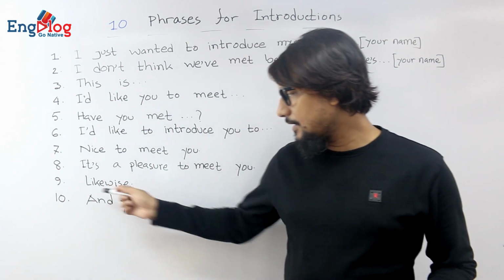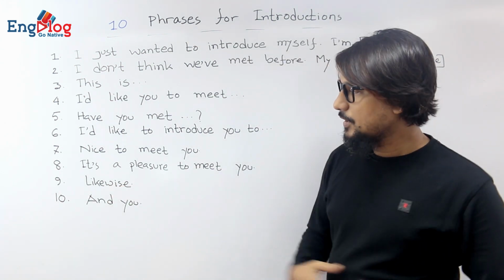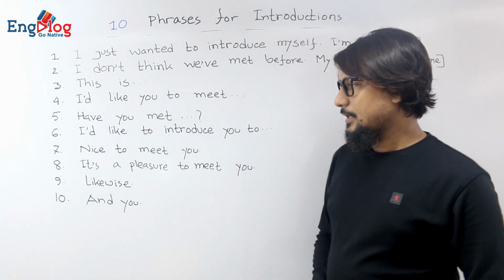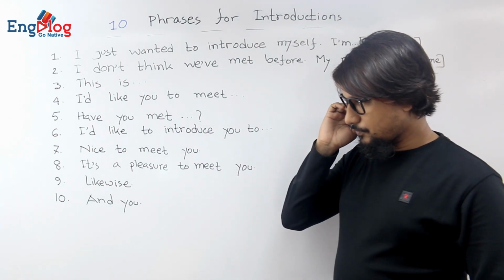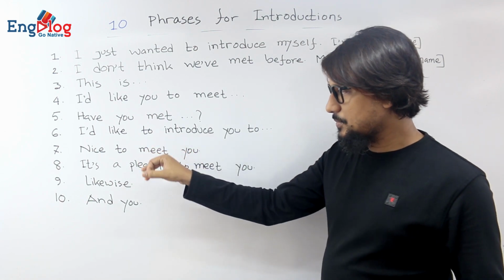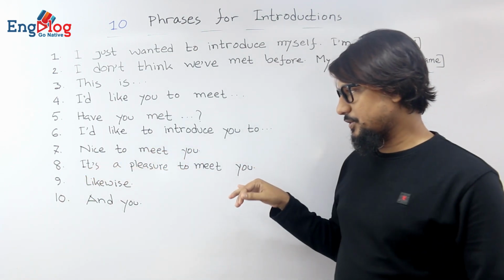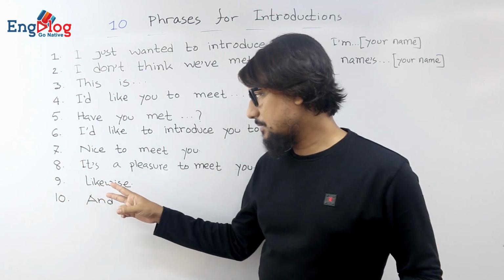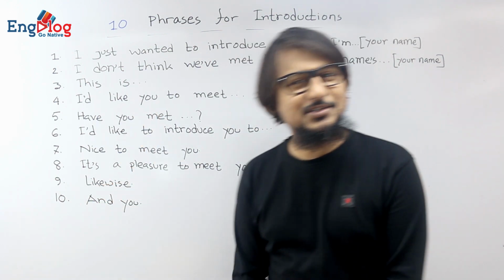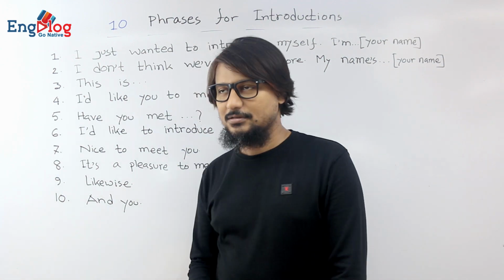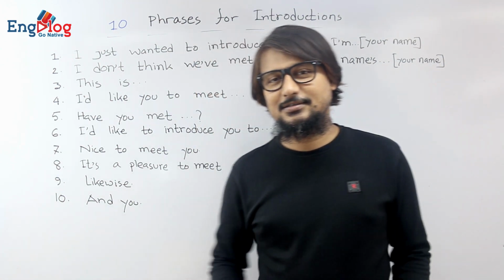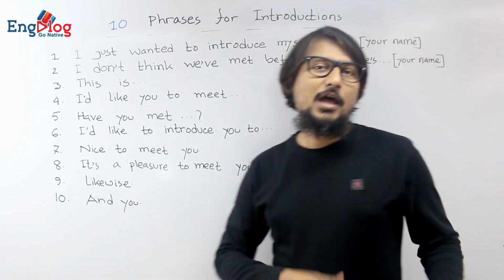And number nine and ten, likewise and you. Well, these aren't used when we introduce someone. But when someone says nice to meet you or it's a pleasure to meet you, you can use either of them, no problem. For example, if I say nice to meet you, Mr. Cannon, and Mr. Cannon says likewise, or you could say and you.